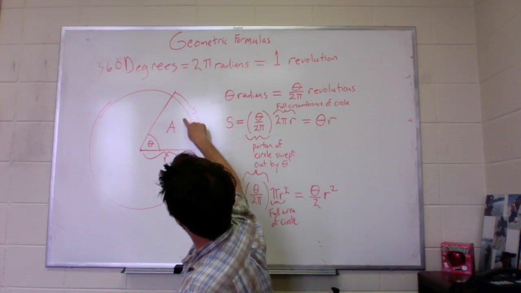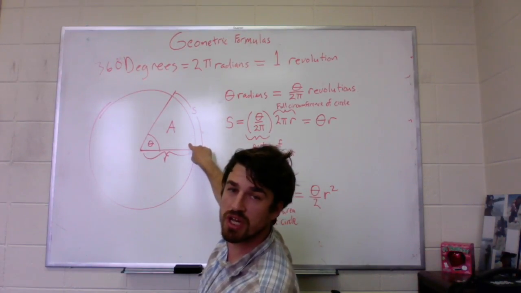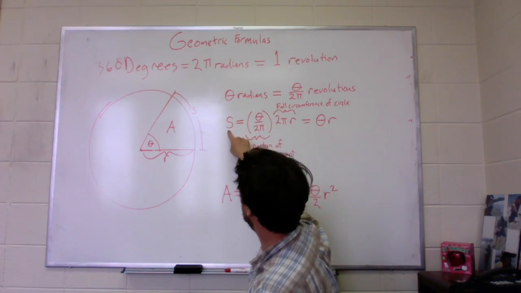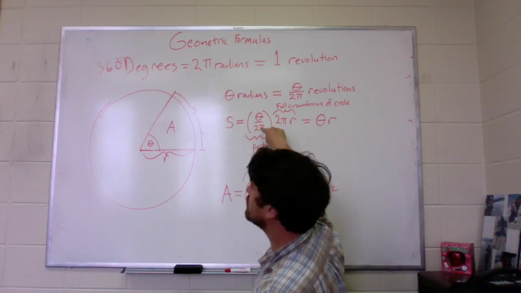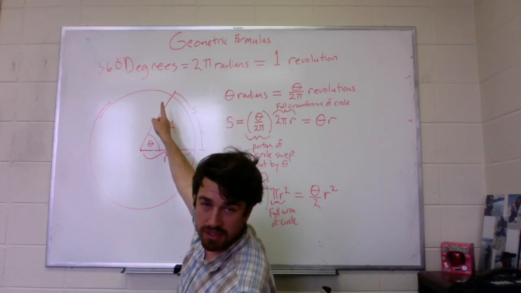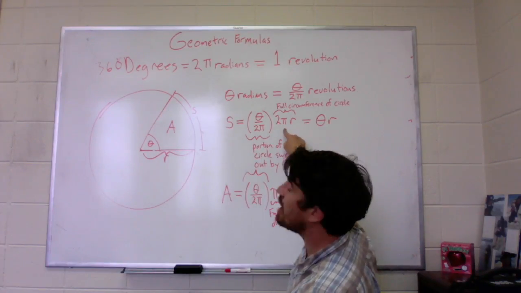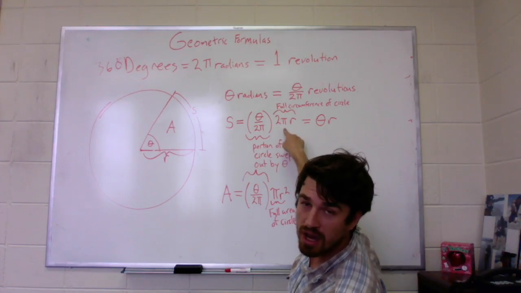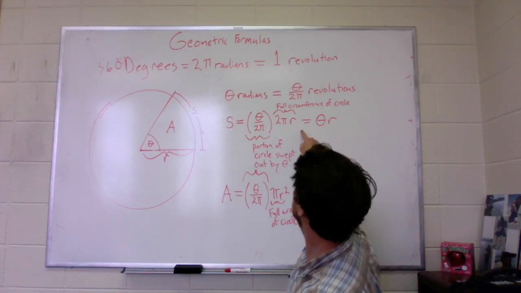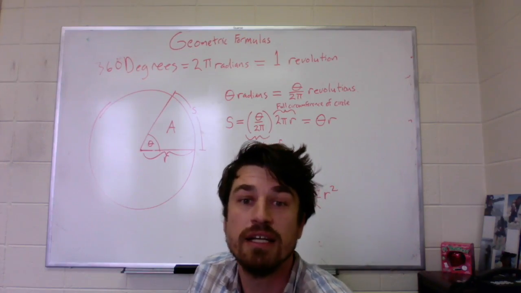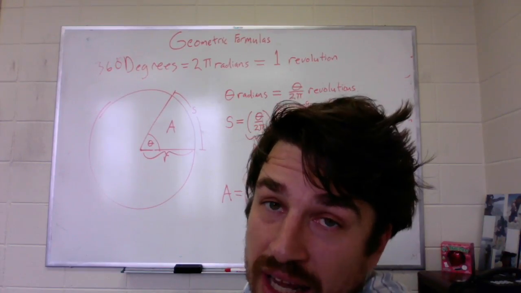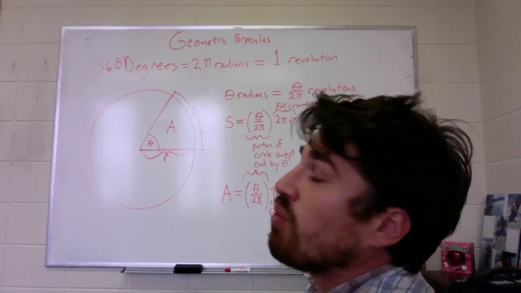The length of this subarc of the circle, which is cut out by an angle theta in radians, is given by the formula S is equal to theta over 2 pi, which corresponds to the fraction of a revolution I've completed around the circle, times the full circumference of the circle. After simplifying that formula down, I see that it becomes just theta times r. So that's what our first formula tells you, and this is also why we like radians. They're the unit which makes this formula work out very nicely.